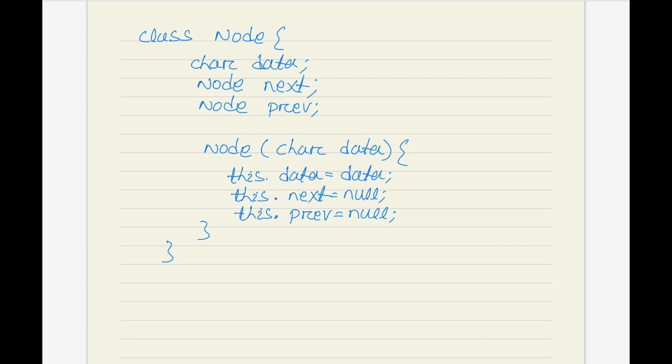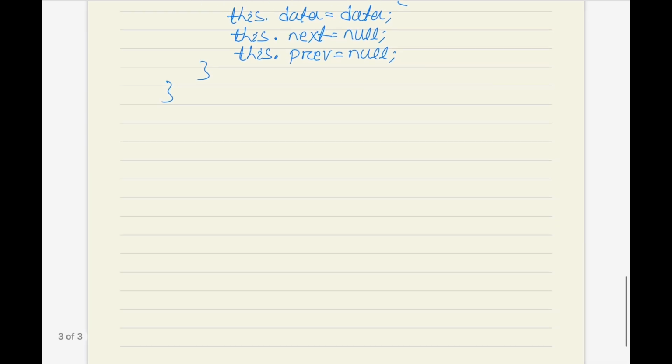So now we can discuss some methods for double linked list. So what are the methods?